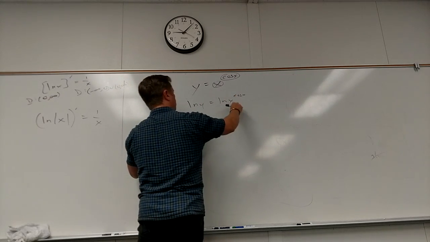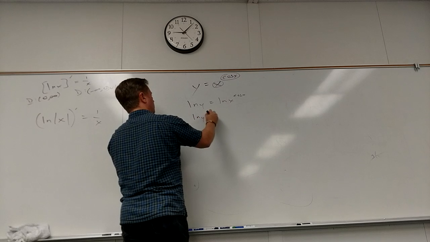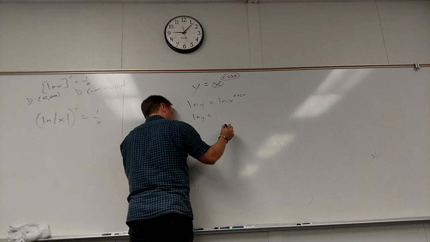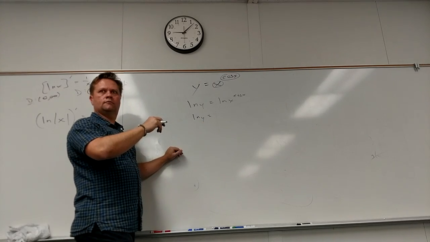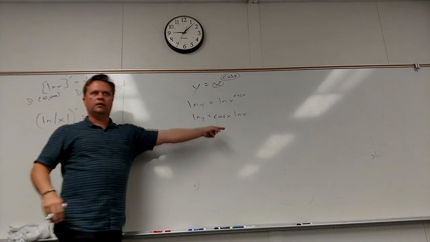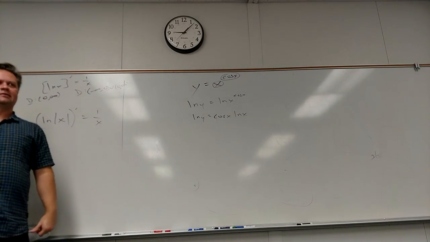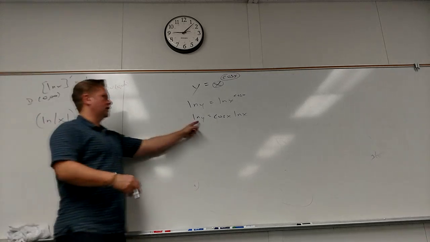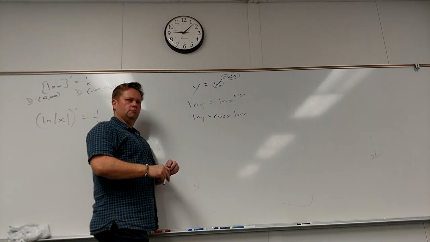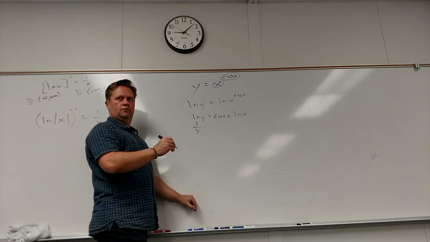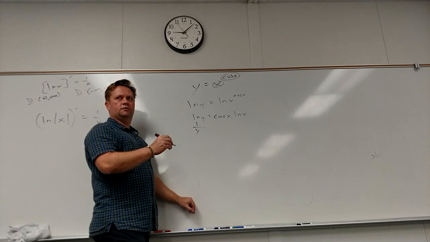What can I do over here? Bring the cosine x down. And then you can implicitly differentiate. So what's the derivative of ln of something? 1 over that something times dy dx.